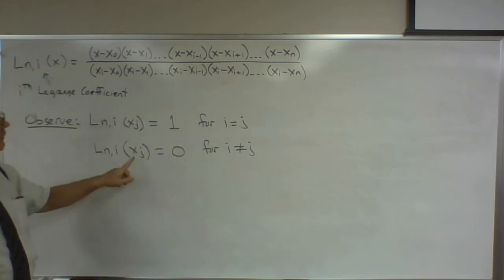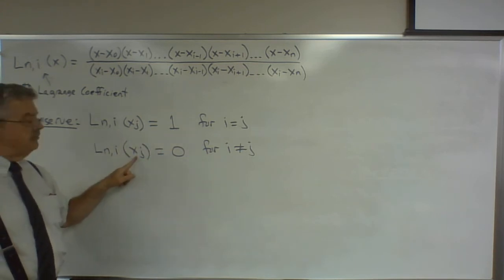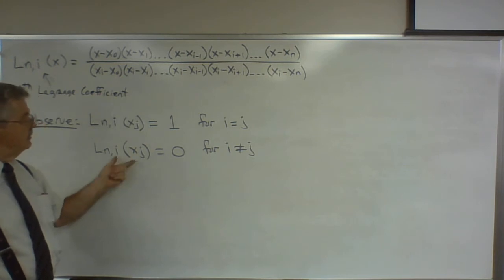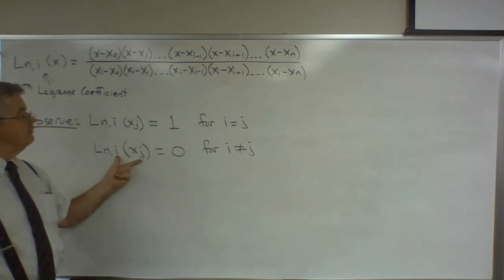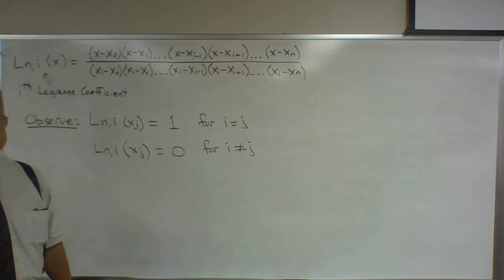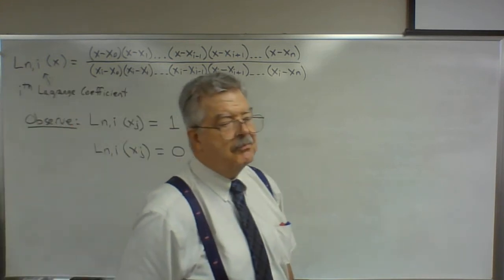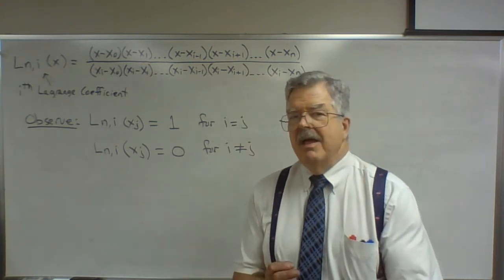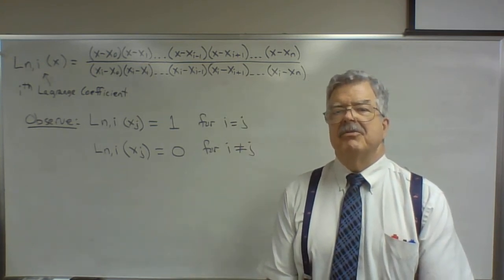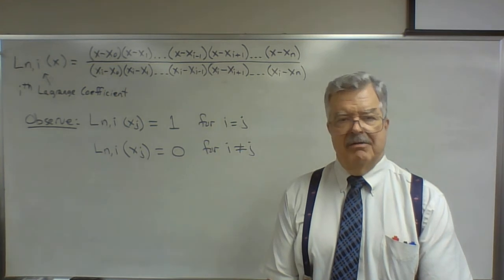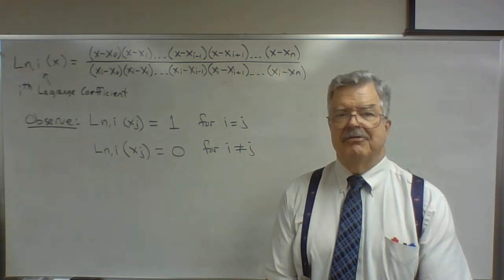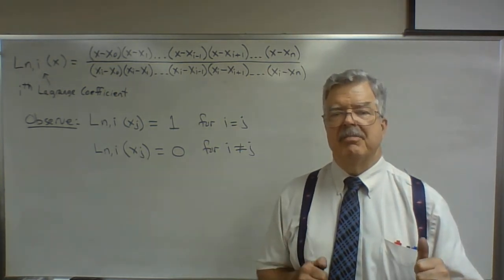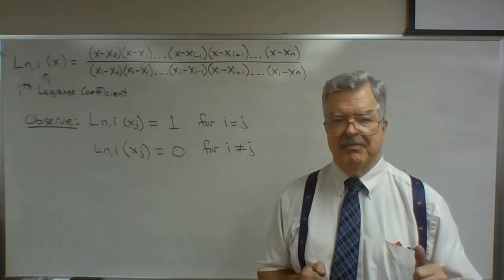If we plug the x-coordinate of a data point into a Lagrange coefficient, and these subscripts don't match, we get 0. And that's going to be really, really important as far as how our Lagrange polynomials behave.